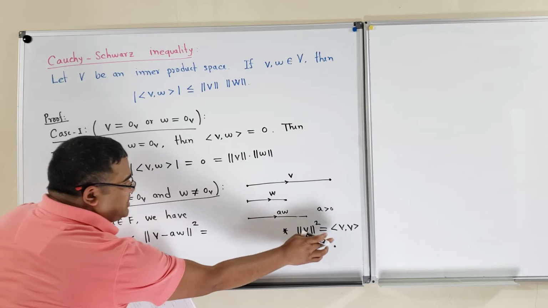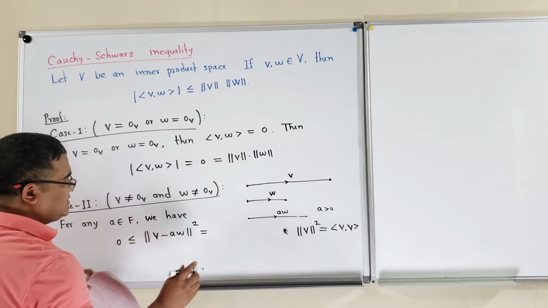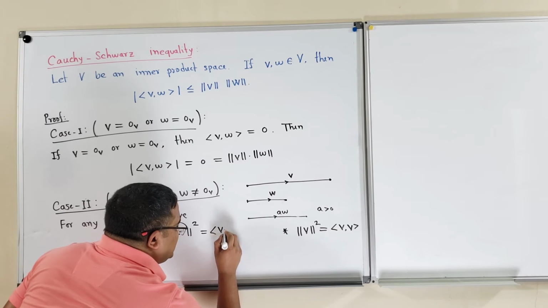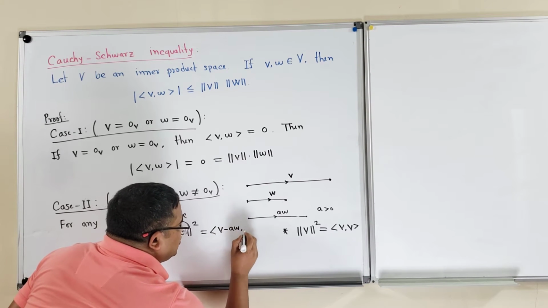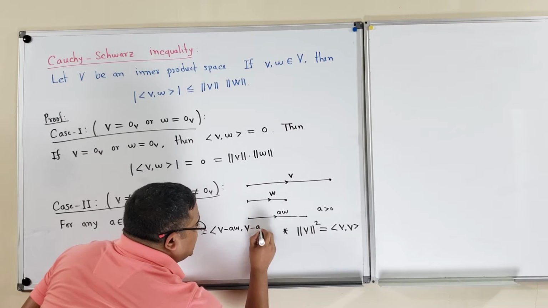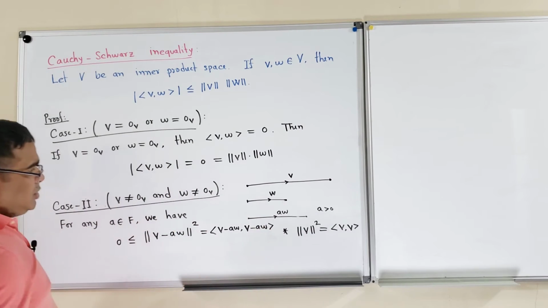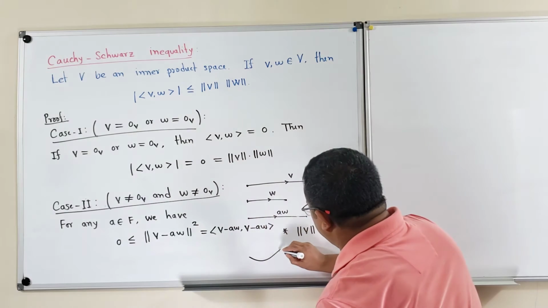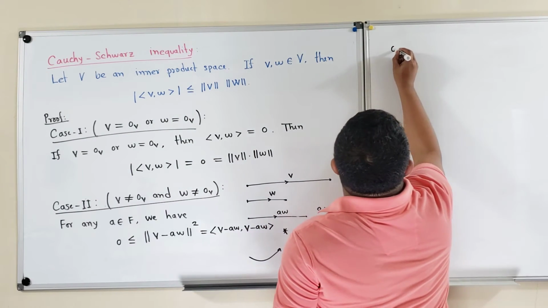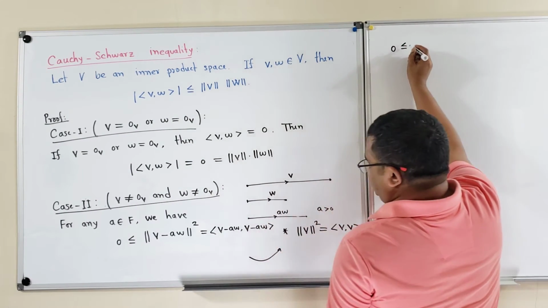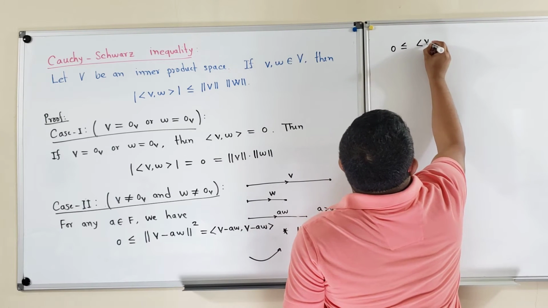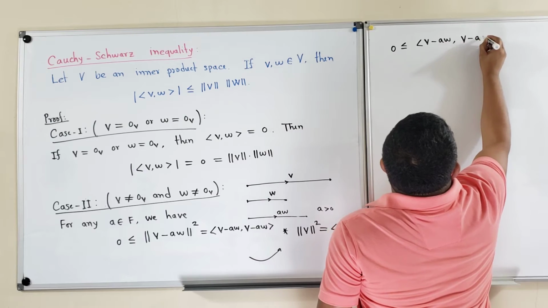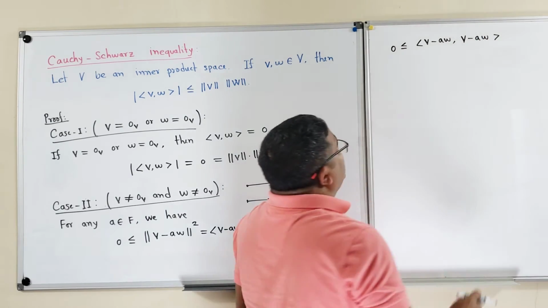So from this relation we can write this as the inner product of v minus aw comma v minus aw. So from this line we have 0 less than or equal to the inner product of v minus aw comma v minus aw. Now multiply.